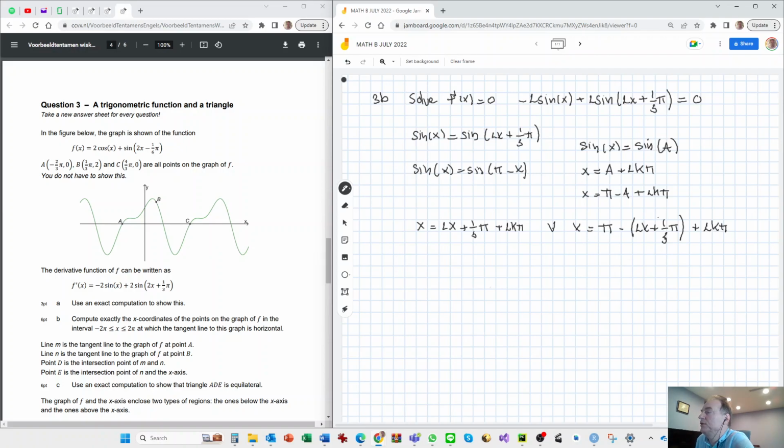Doesn't matter if you put it inside with the minus sign here, since k can be any positive or negative integer.